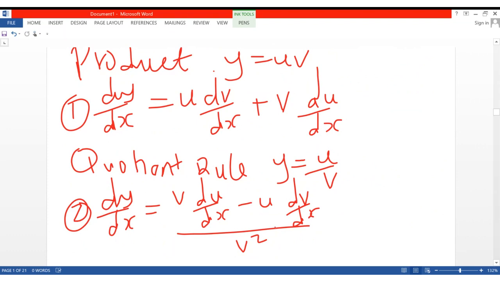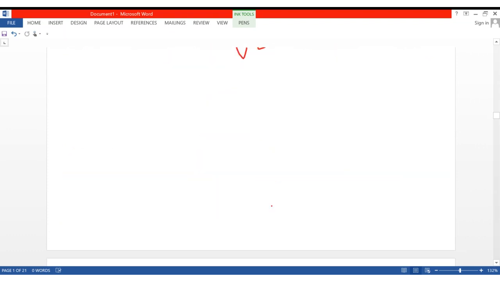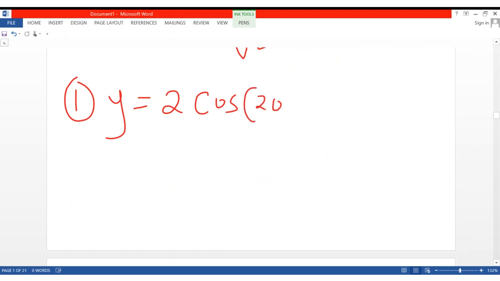And let me repeat something about chain rule. We have said when you have a function like this one, y is equals to, let's say, 2 cos 20x. The 2 is a constant because it will remain the way it is.